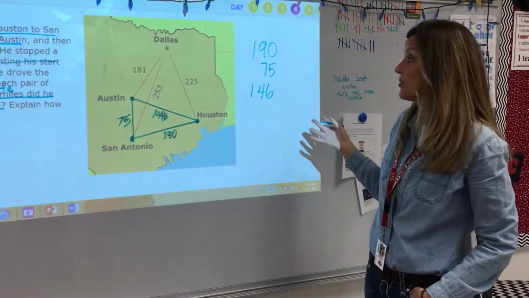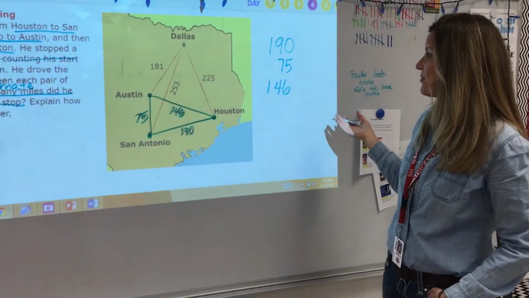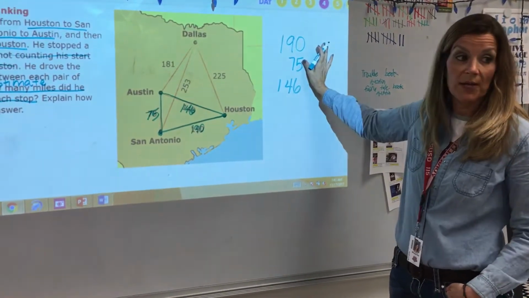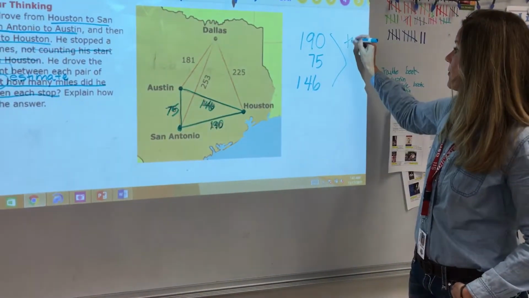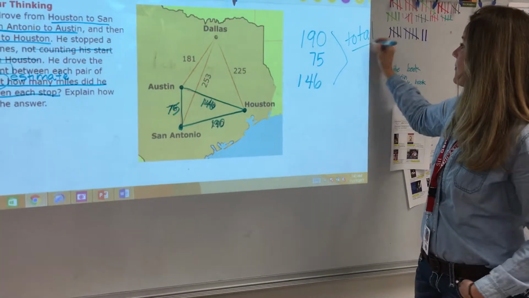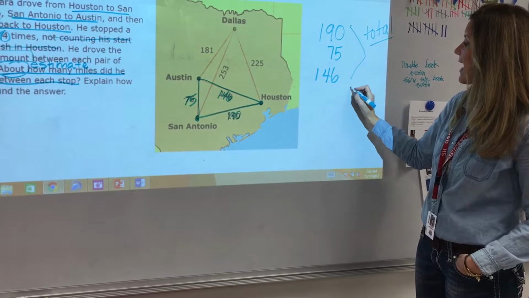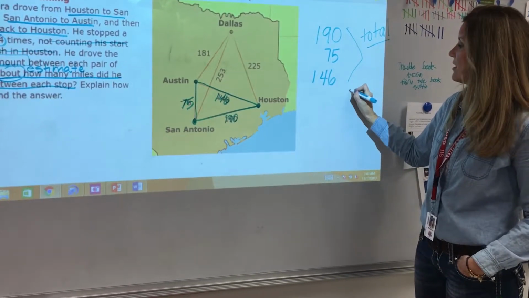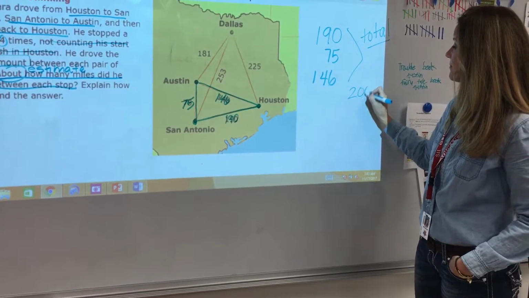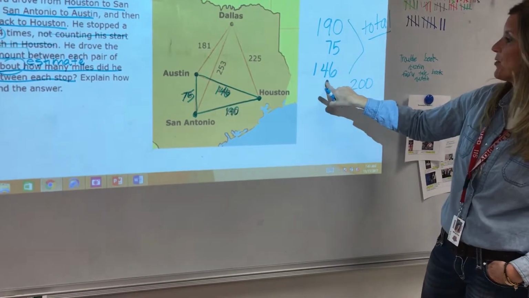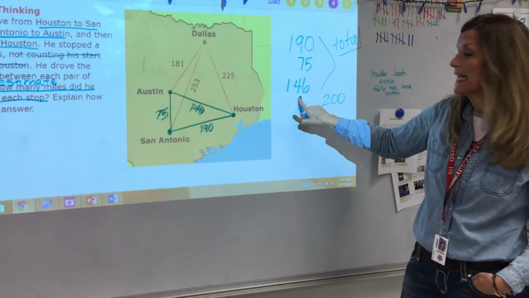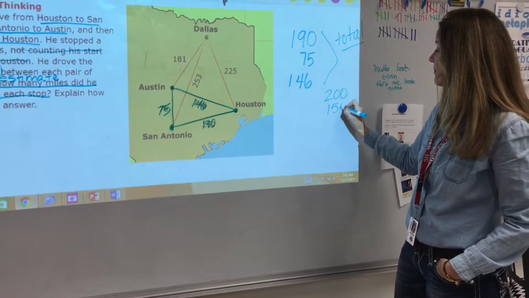What's the first thing we need to do? You're right, we need to figure out how many miles total he went. So, I could look at 190 as 200 miles. I'm going to go down to this 146, and I'm going to say that's 150.